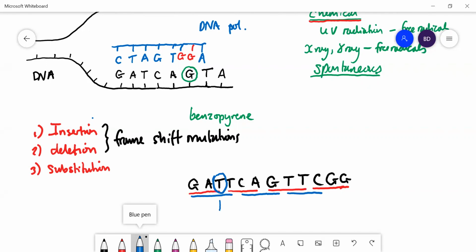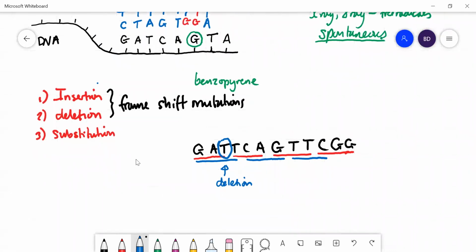So everything after that deletion will be incorrect. That's what's called a frame shift. So it's reading the codons in the wrong frame, and so that will lead to a frame shift.